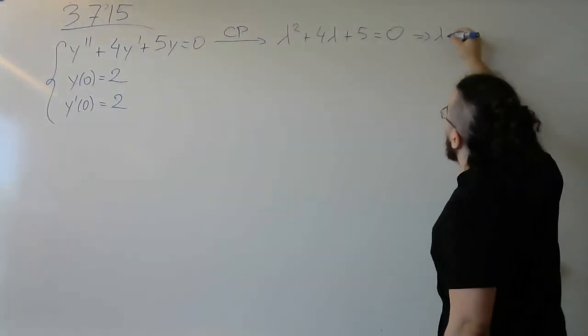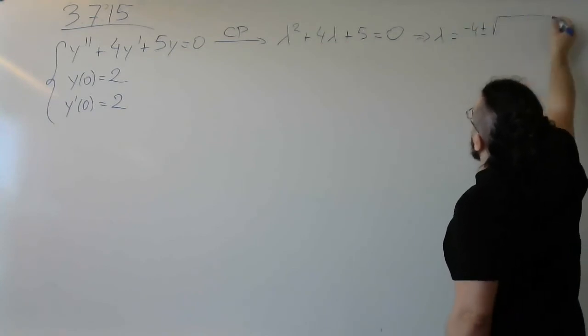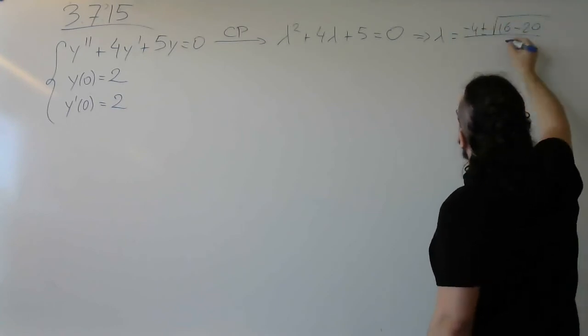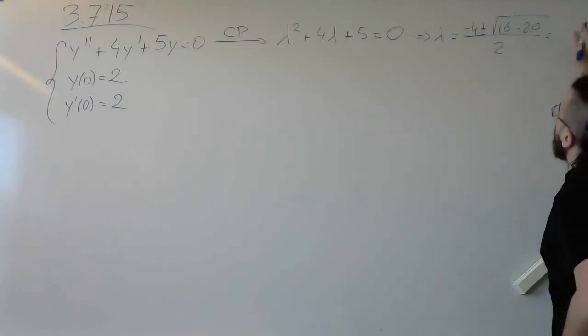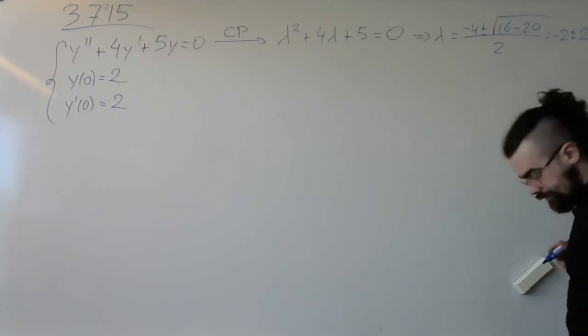And from here, the eigenvalues are minus 4 plus minus the square root of 16 minus 20 divided by 2, which is minus 2 plus minus 2i.